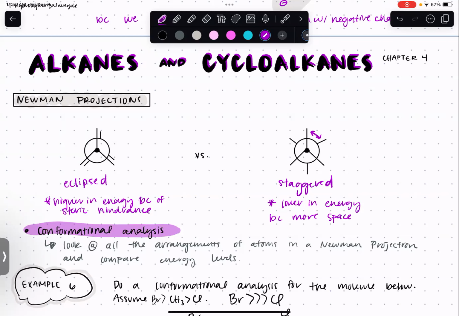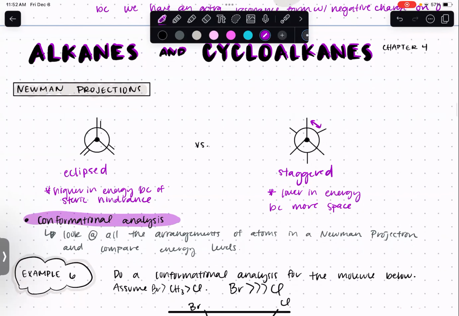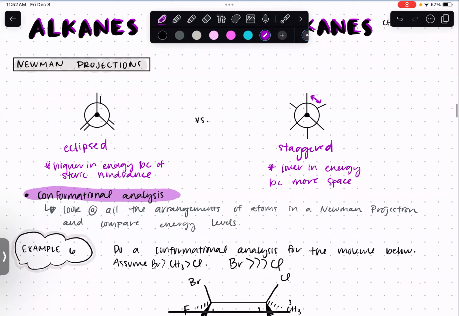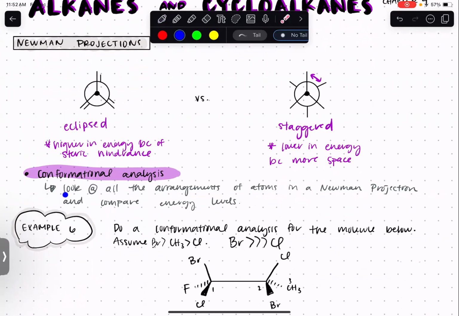So that's a really important thing to be able to recognize, especially when you're doing conformational analysis. When we do conformational analysis, we're basically just looking at all the arrangements of atoms in a Newman projection and comparing our energy levels.